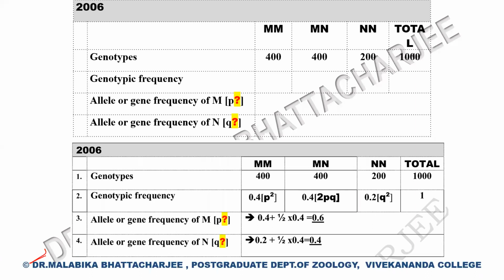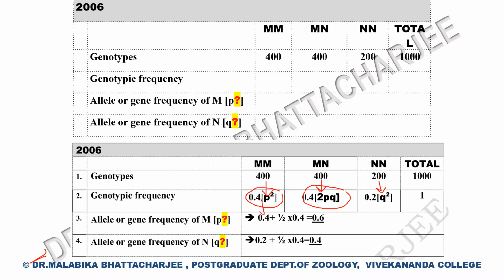The first step was obviously calculating the genotypic frequency. It's 400 by 1000, 400 by 1000, 200 by 1000. So that was your p square, 2pq, q square. And from this p square and 2pq, you first calculated p, since you have got the data right.